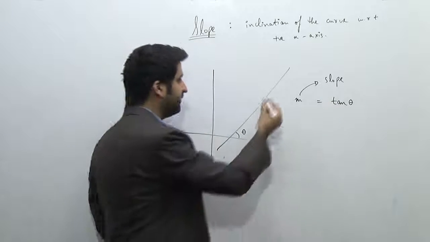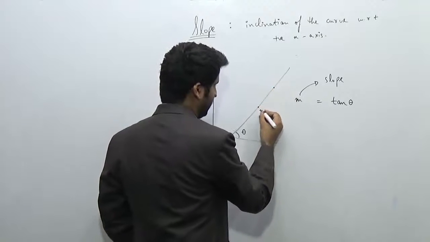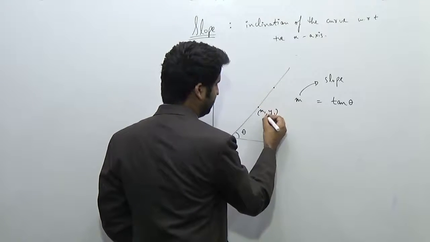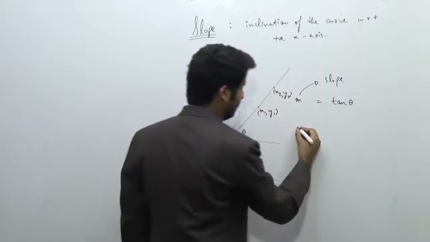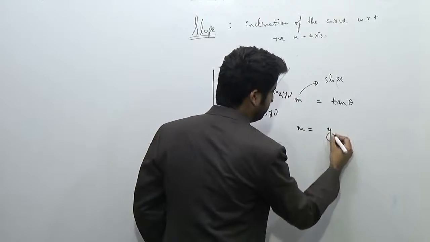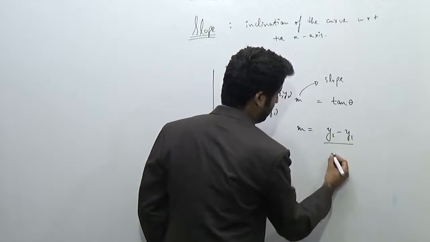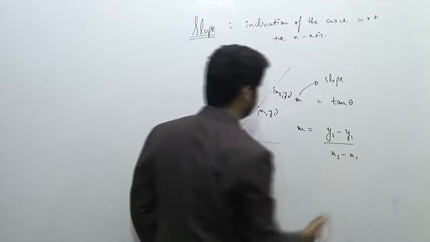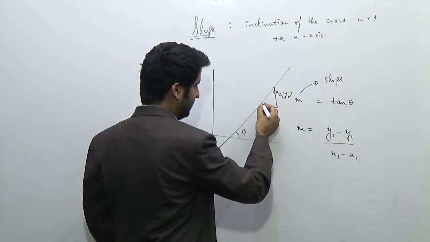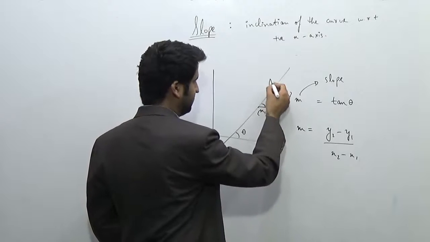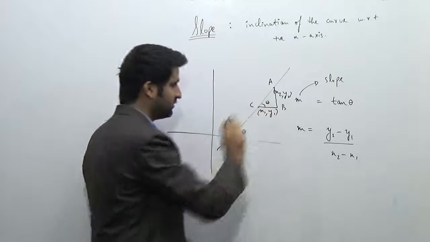If I have 2 points over here, x1 y1 and x2 y2, then the slope will be given by m is equal to y2 minus y1 upon x2 minus x1. This is also a simple application of this triangle. If I make this triangle, with vertices A, B and C, what is the value of tan theta?